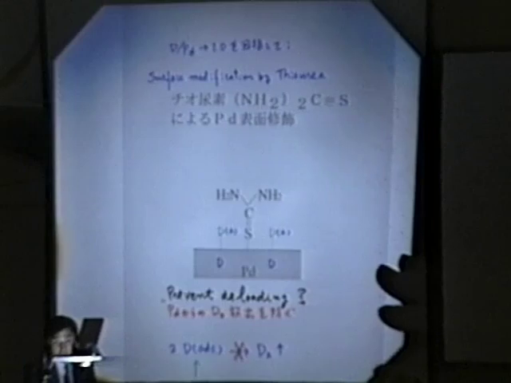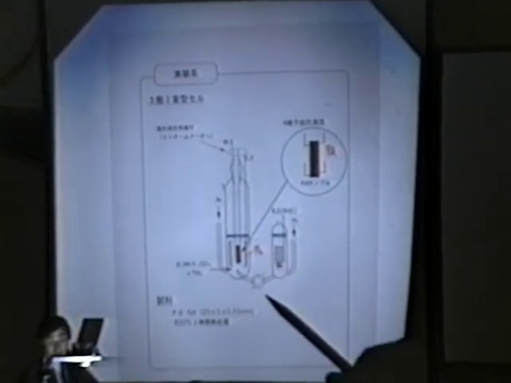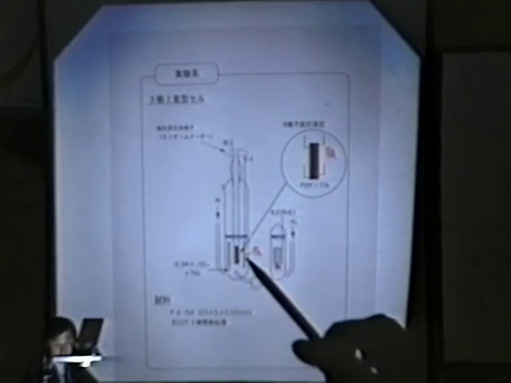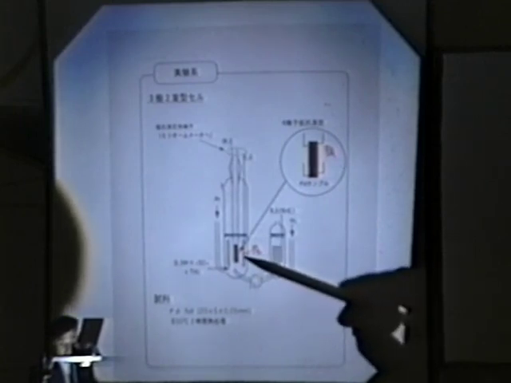Then I'd like to show the data obtained by conducting surface modification with thiourea. Our original idea is to prevent deloading by poisoning the surface with adsorbed thiourea. But to do this experiment, we have a very serious problem. If we do this in a system with two compartments, with palladium and the platinum anode in one compartment, and we put thiourea into this system, the thiourea is oxidized at the anode, and then we cannot keep the bulk concentration of thiourea constant.